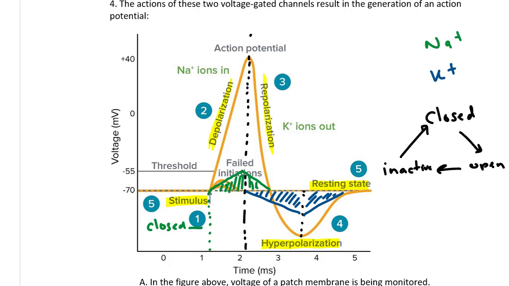So closed up to here, down over here. And then it's transitioning here, and it's becoming open up to this point. And then it goes to inactive up to here. Inactive.